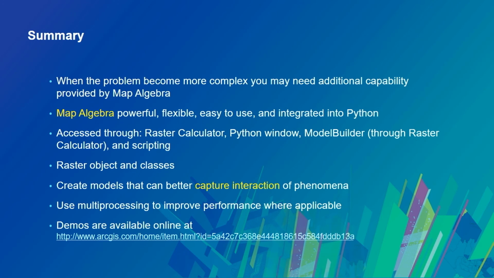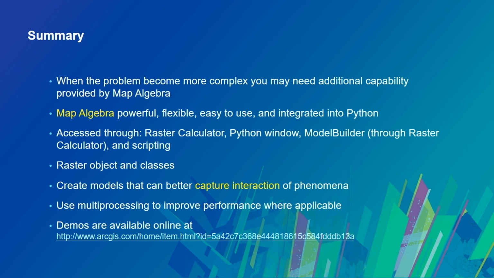The more complex it becomes, the more beneficial it is to do it that way. Map Algebra is very powerful, flexible, and it's integrated with Python, so you can do a lot of stuff. What are the key ways to access it? Raster Calculator, the Python window, ModelBuilder through Raster Calculator, and of course scripting by itself.